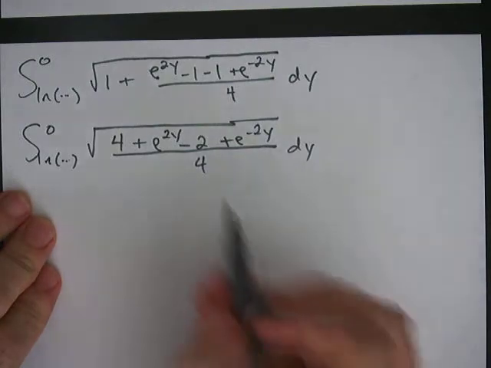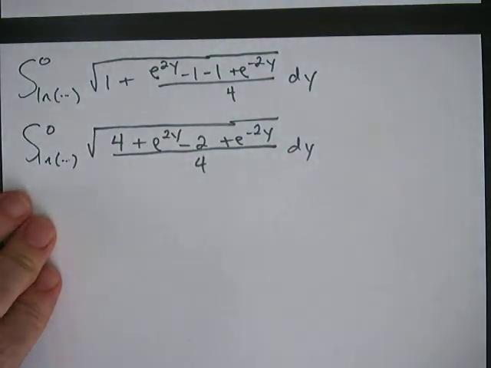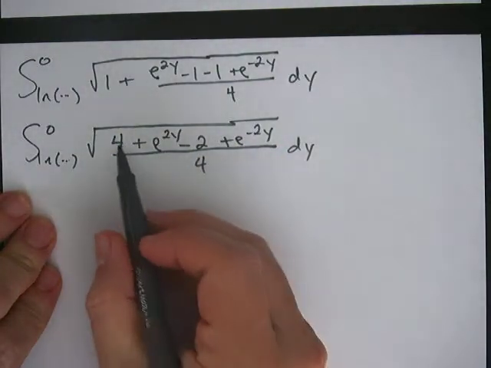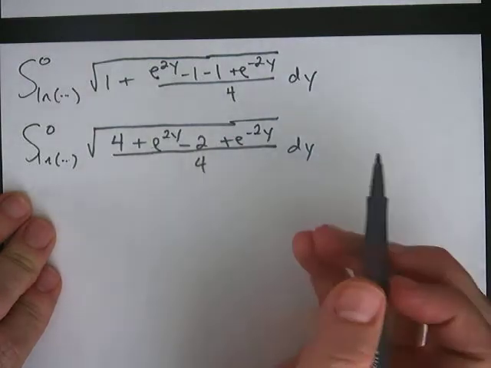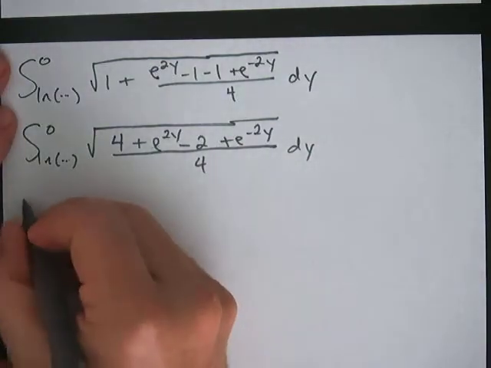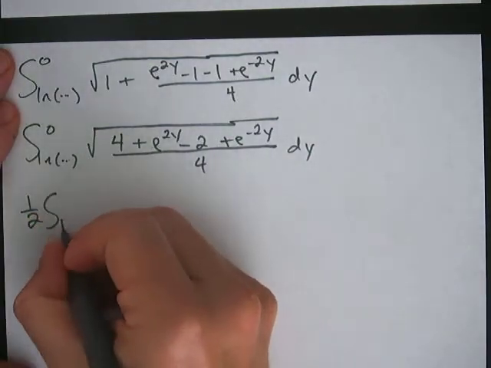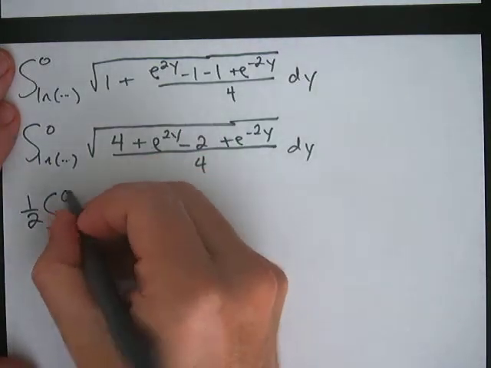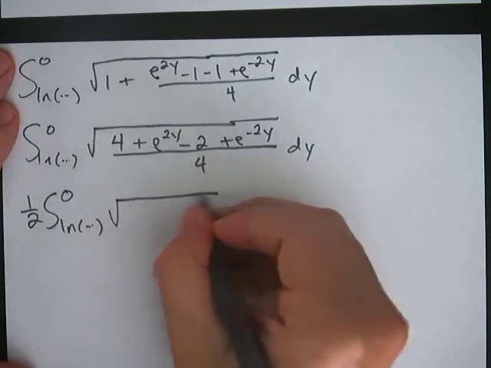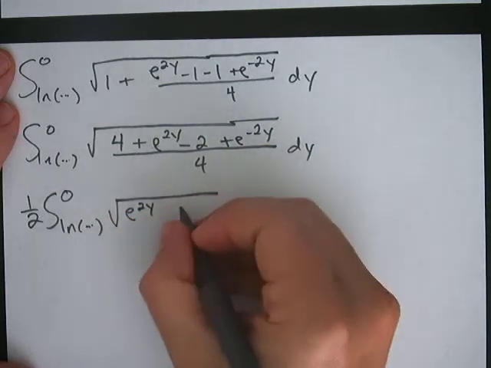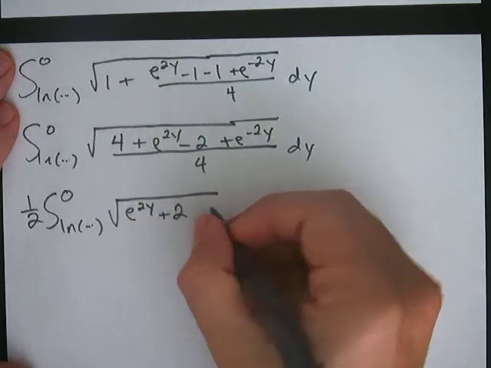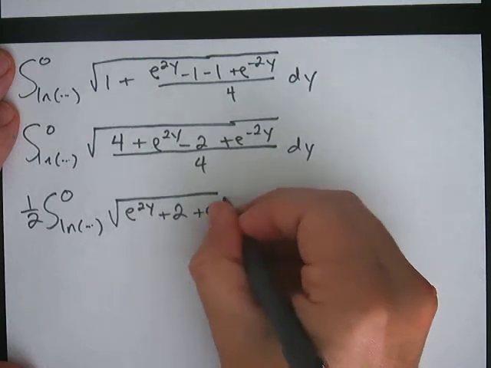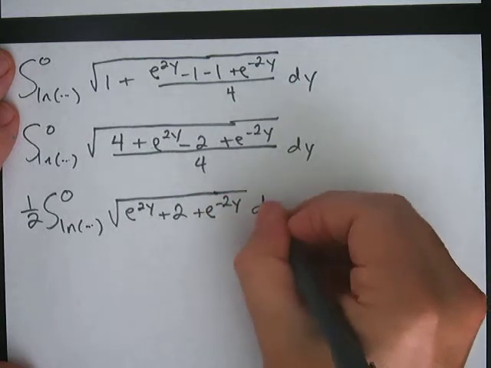We could square root the 4 and bring it on out and make it a half on the outside. We could also combine the 4 and the -2 in the numerator here to make 2. So this becomes 1/2 of ln of the 530 minus 23 stuff, and then square root of e to the 2y plus 2 plus e to the -2y dy.